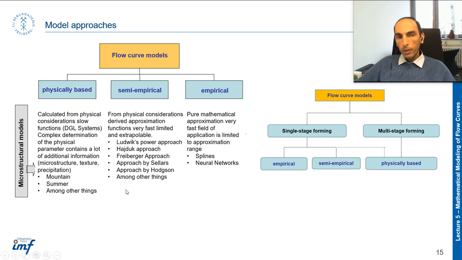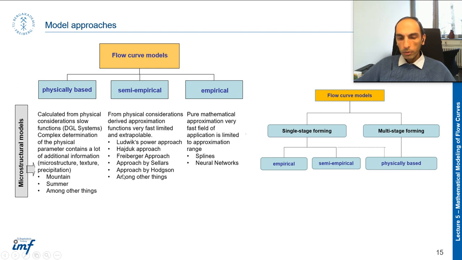However, we have some semi-empirical models. In semi-empirical models, we use the temperature, strain rate, and strain, the state variables, in order to obtain and model the flow stress. If you look into the model, it's a mathematical model, but it's not pure mathematical.